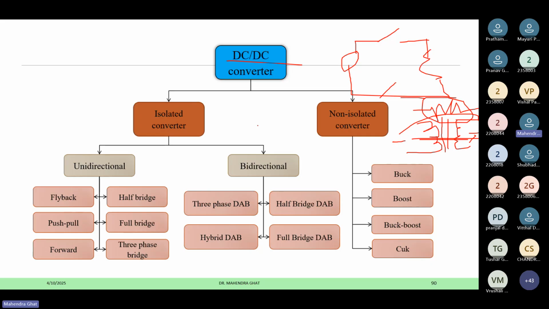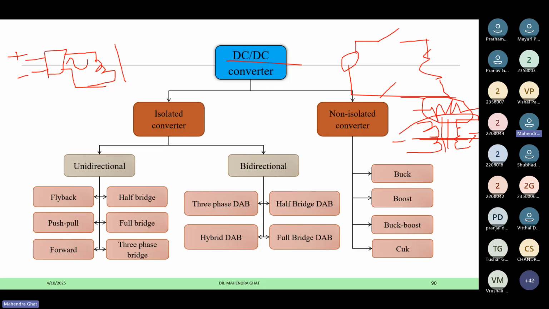Generally, whatever DC supply is there, we will have some power electronics. Here we have a constant DC supply, and some power electronics will convert this DC to a very high frequency AC, and then it will be given to the high frequency transformer.